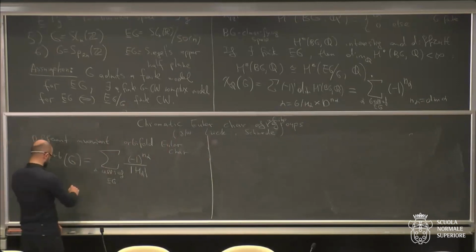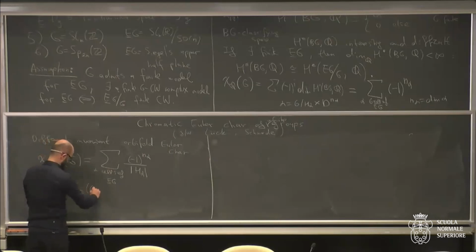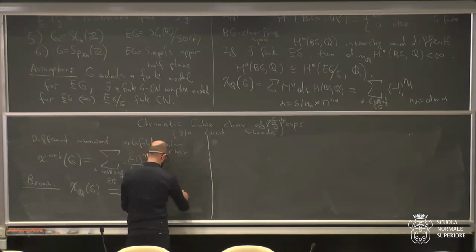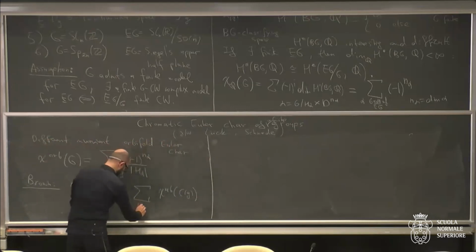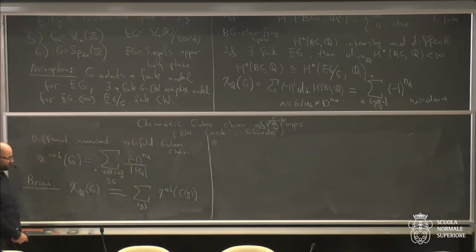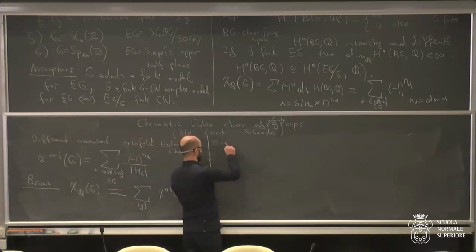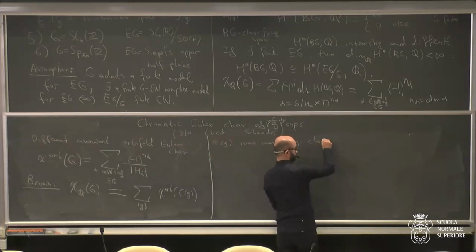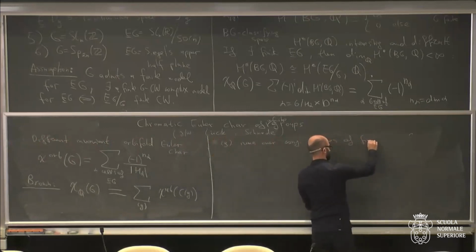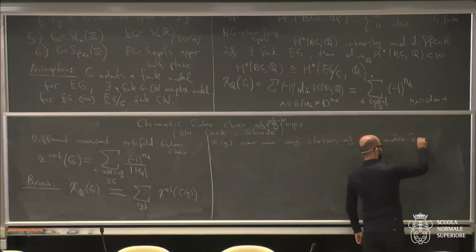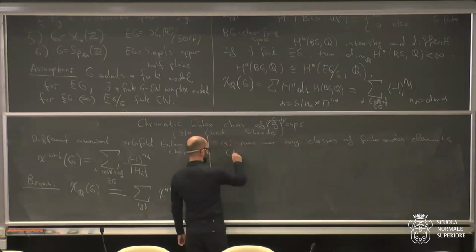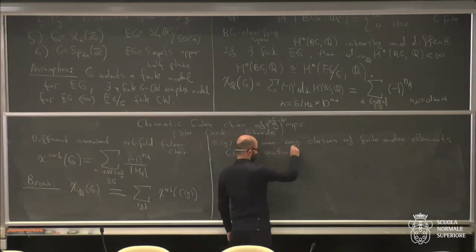Under these assumptions, the Euler characteristic with respect to rational cohomology of G can be written as the sum of these orbifold Euler characteristics of CG, where g runs over conjugacy classes of finite order elements, and CG is the centralizer of g.